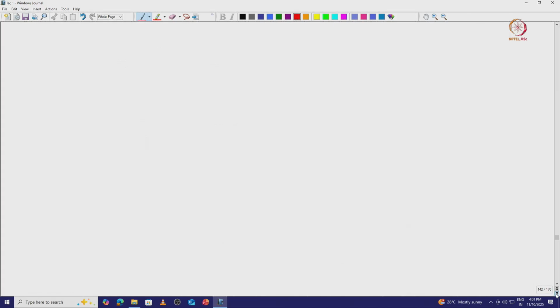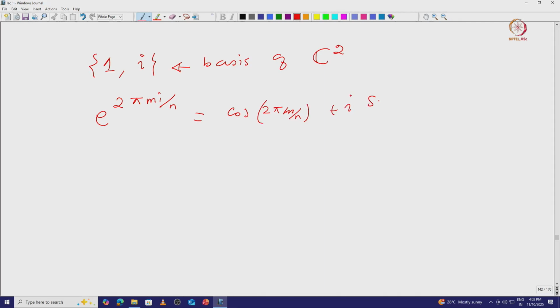So, now basically what we have done, we have used the basis 1 comma i of C^2 over C. Then we have written e^(2πmi/n) as cosine(2πm/n) plus i sin(2πm/n). Similarly, the other coordinate corresponds to e^(-2πmi/n).